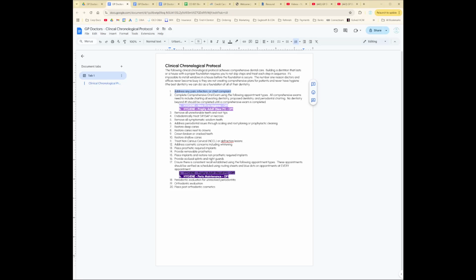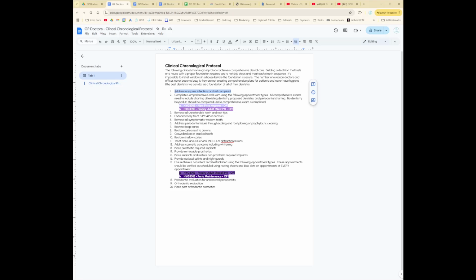So the first thing is to address their chief complaint, their infection, as quickly as possible and come to a final resolution as quickly as possible, either through a root canal, extraction, whatever it is, so that we can get them back to do a comprehensive oral exam.